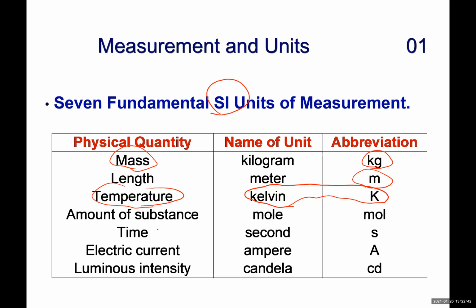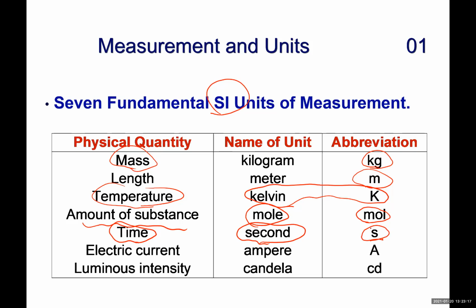And in chemistry, you might remember, if I want to show amount of the substance, I'm going to use mole. And you probably remember how to convert grams of anything to moles, but I'll probably do a review problem for you. So the unit of mole is abbreviated as mol. And for measuring the time, you can record time in hours, in days, in seconds, in minutes, but international system is using seconds.